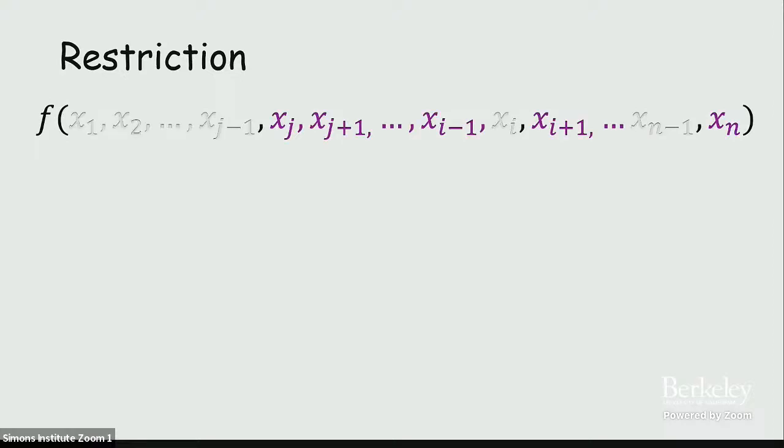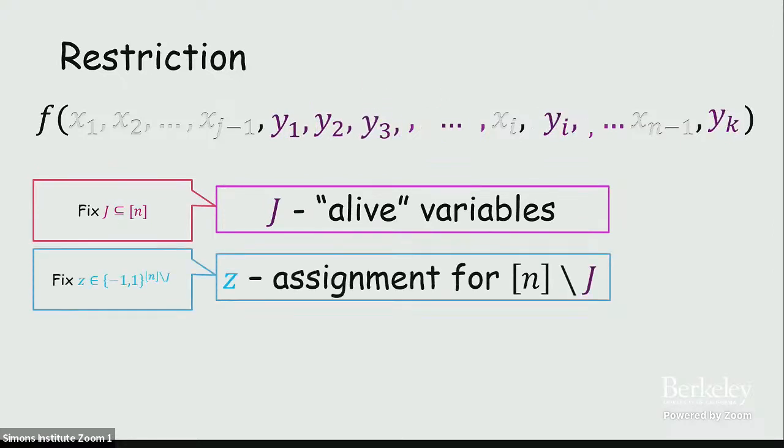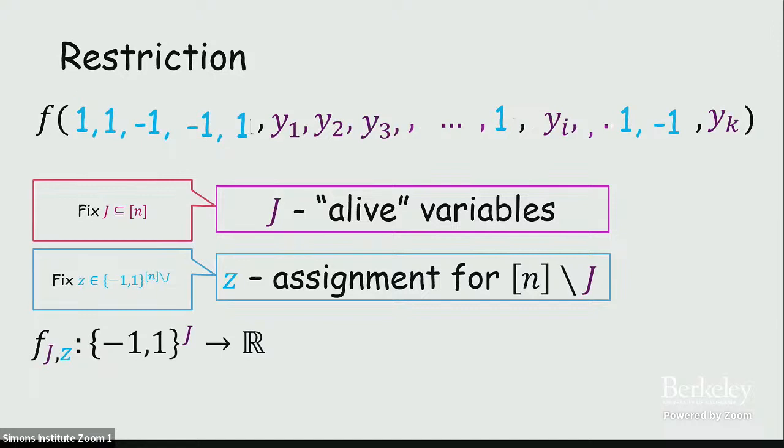Let's assume that we have some function with many variables, and we choose a subset of them, like the colorful ones, to be the live variables, and the other ones we are going to fix, assigning them values -1 or 1. This is the way that we kill them. Then we end up with a function that we denote f_{J,z}, where J is the set of alive variables and z is the fixing of the other variables.